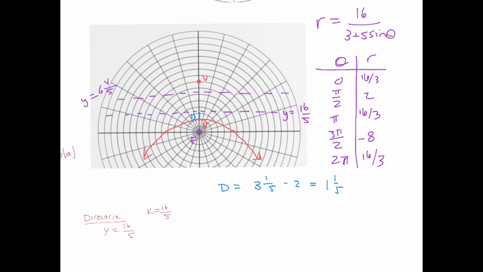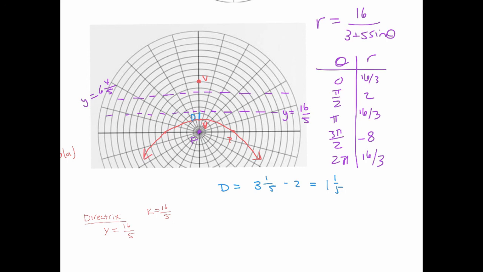Okay, and then let's just notice that the distance between one of these points here, let's call this point P, the distance between point P and the directrix is 16/5. And also that if I wanted to plot the second focus, I could go the same distance from the vertex to the focus.